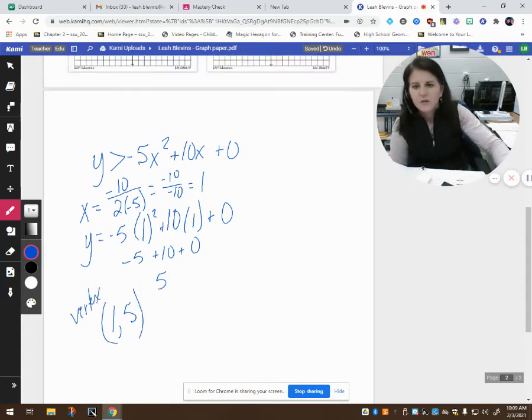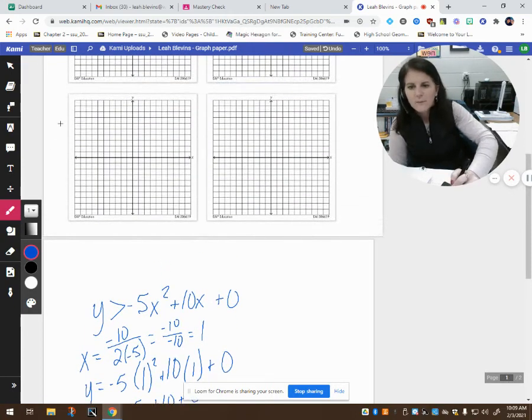So we can go up here on a graph. I'm just going to do this bottom one, and I'm going to plot over 1, up 1, 2, 3, 4, 5. Plot my vertex. Now, this is a negative parabola, so we know that it should be a frowny face. This is my maximum value, and we'll go ahead and put my axis of symmetry through here. We also know this point, 0, 0.